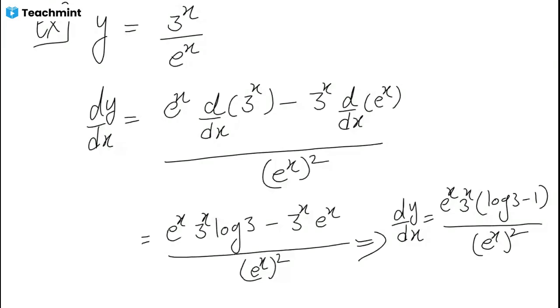So we can cancel one of its power. Then finally we have the derivative as 3 to the power x (log 3 minus 1) over e to the power x. So you got it?